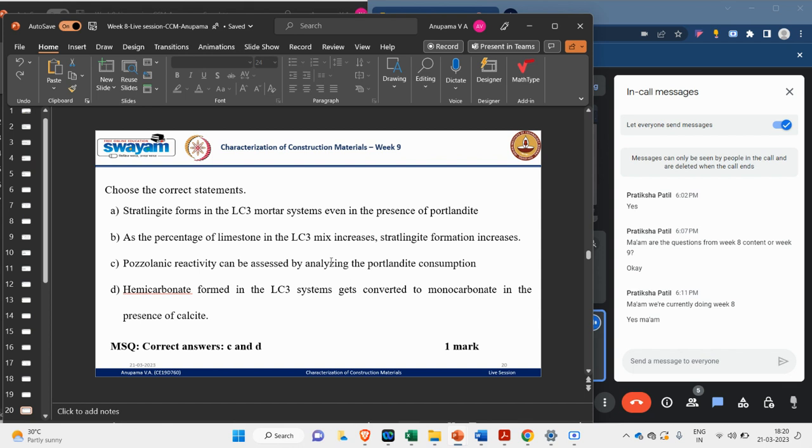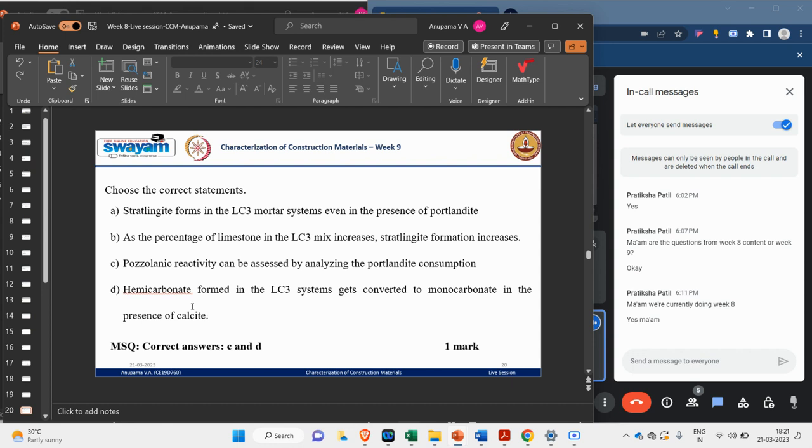So, if you want to compare the pozzolanic reactivity of two materials, you can look into the Portlandite consumption. Then, the one which is consuming more Portlandite can be considered to have a higher pozzolanic reactivity. Now, the last statement is hemicarbonate formed in the LC3 systems gets converted to monocarbonate in the presence of calcite.